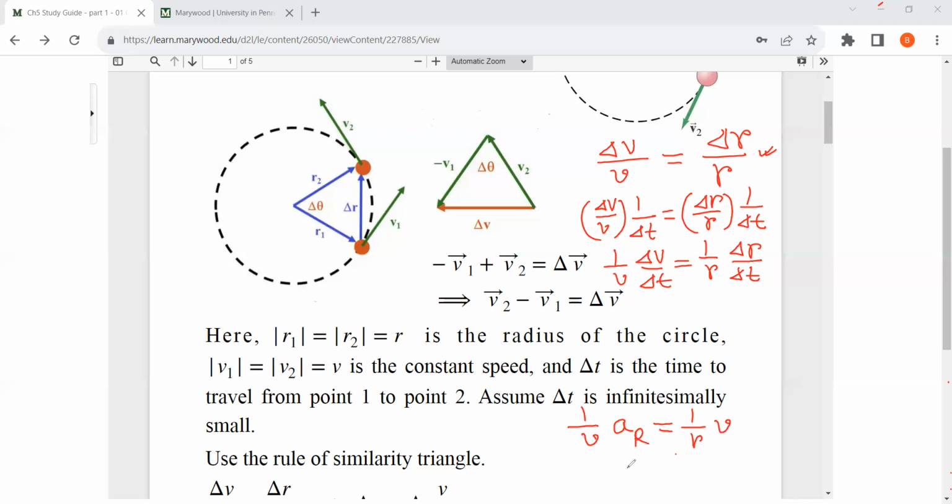So if I multiply both sides by v, this v will cancel out, so I will have a_r on the left hand side, and on the right hand side I have v square over r. So the mathematical definition of the centripetal acceleration is this one. Centripetal acceleration is equal to v square over the radius.